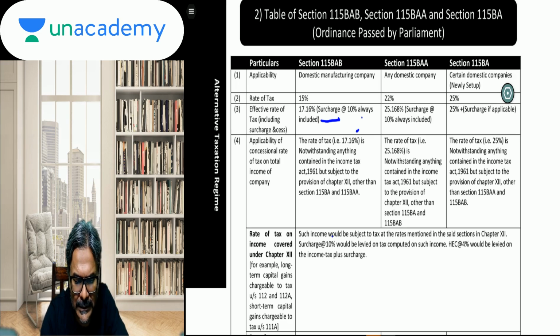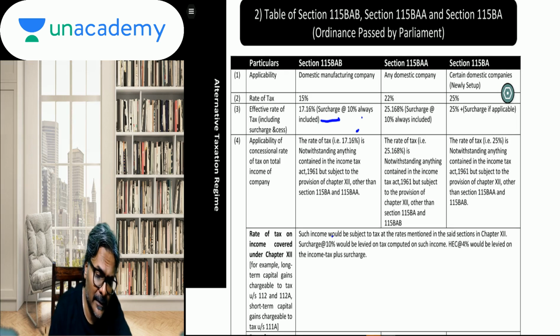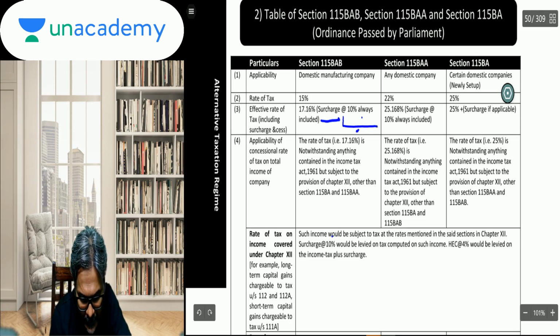Now students, over here if you see, the surcharge is always to be loaded when it comes to 115BAB or when it comes to 115BAA, and that happens in the case of these two scenarios.